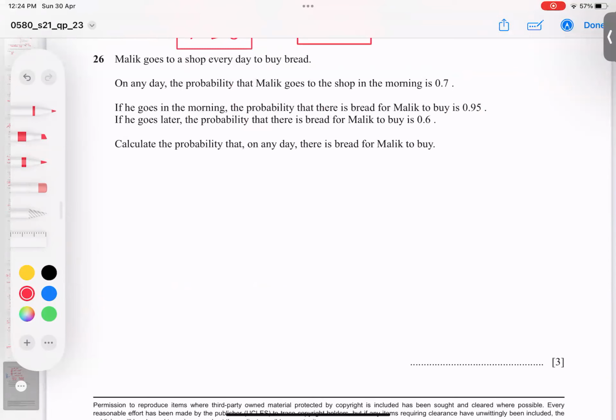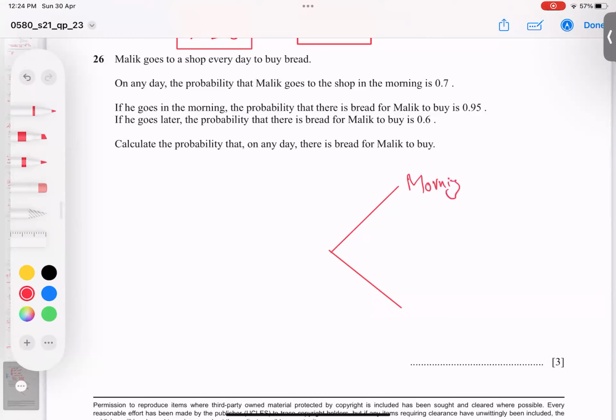Question number 26, he's saying Malik goes to a shop every day to buy bread. And on any day, the probability that Malik goes to the shop in the morning is 0.7. There are two possibilities there: he will go in the morning or he will not go in the morning. So let's say I'm writing morning.